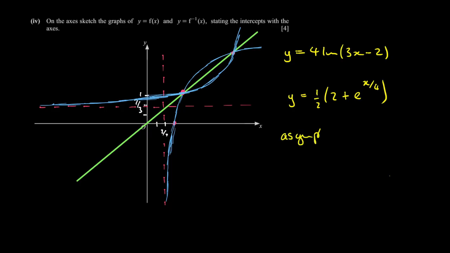The asymptote happens when the exponential term, in this case e to the x upon 4, tends towards 0. So if x becomes really, really negative, e to the power of a big negative number is almost 0. So what's going to happen to this thing here? We're going to have 2 plus 0, which is going to be 2, divided by 2, which is 1.